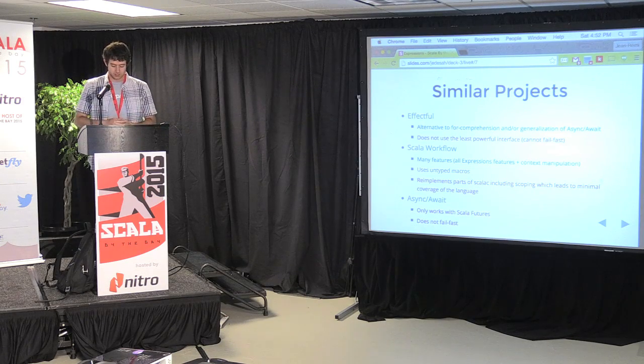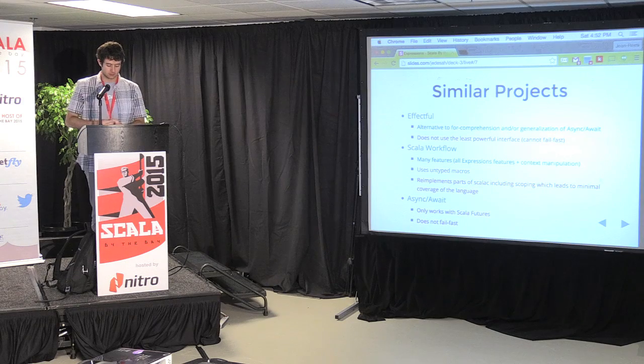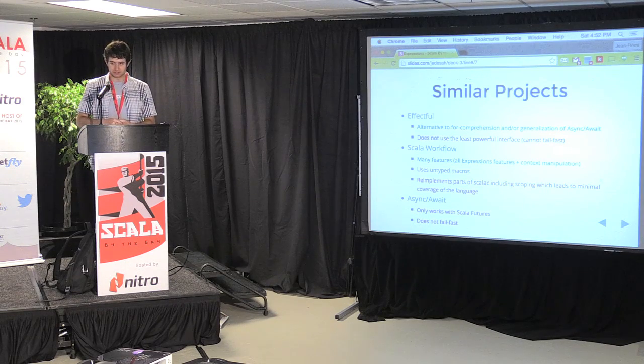To be fair, because it was using untyped macros, the macro is really complicated, and it was reinventing the wheel a lot. It re-implemented scoping instead of letting scalac take care of that. Because of that, it had very limited support for the entirety of the language. So in some ways, it was a dead end.